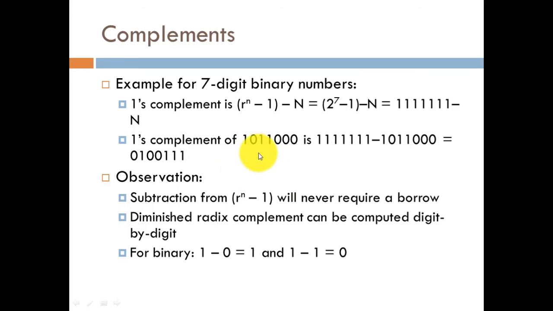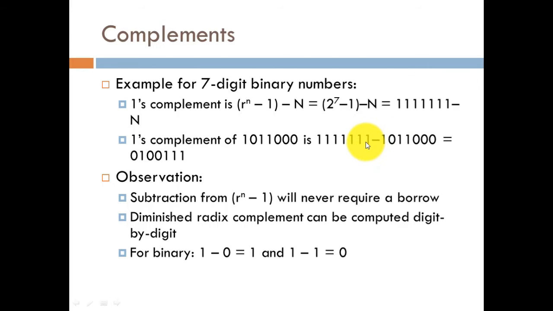Let us say we need to calculate the 1's complement of the number 1 0 1 1 0 0. We are going to subtract this number from the 7 contiguous ones, that is 1 1 1 1 1 1 1 minus 1 0 1 1 0 0.